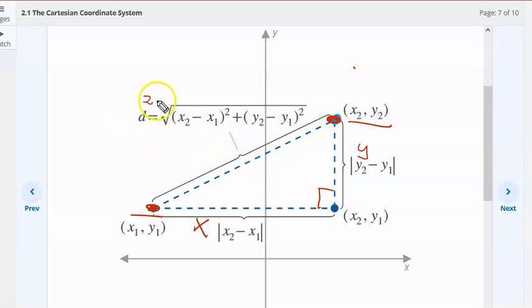But then if you took the square root of this, which is what they've done here, this gives you what is called the distance formula. So it's just a matter of substituting for these x and y values, carefully following this formula. It'll give you the length of this hypotenuse, that diagonal.